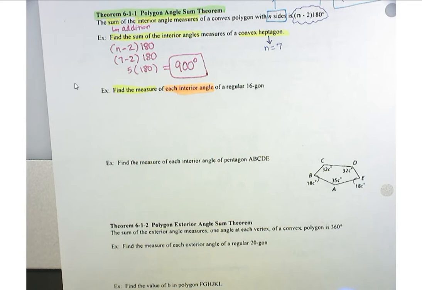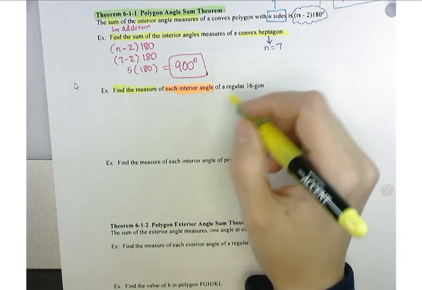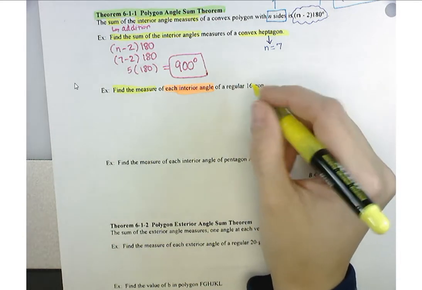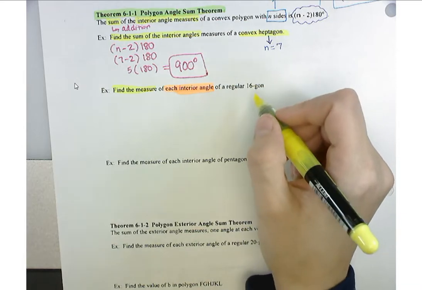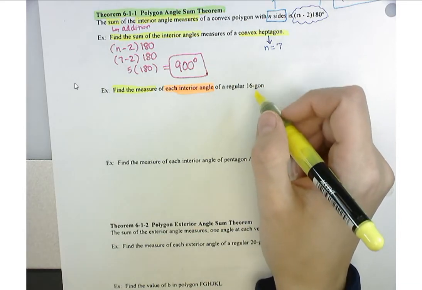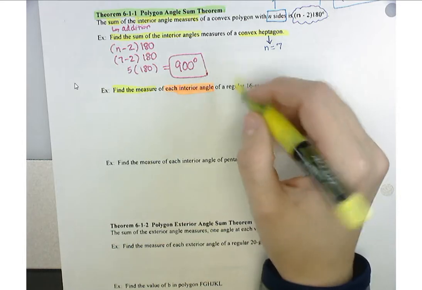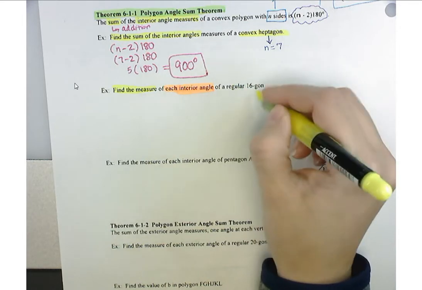of a regular 16-gon. So all of the shapes with 12 sides and lower have cool names. And once you get past that, 16-gon it is.